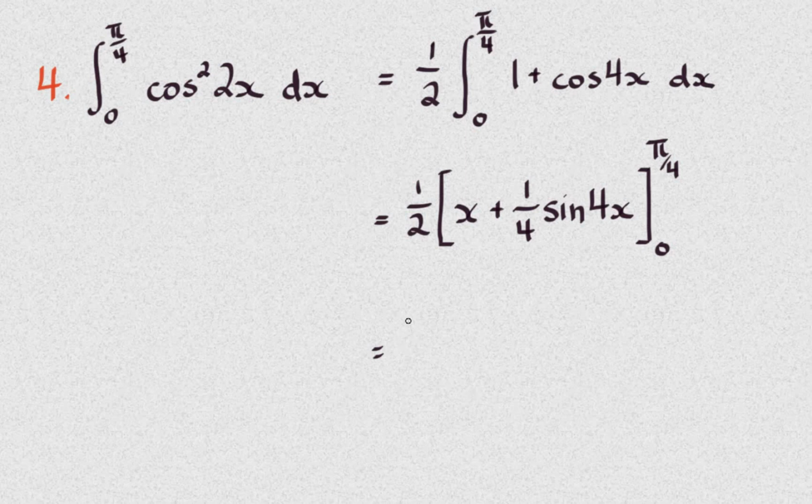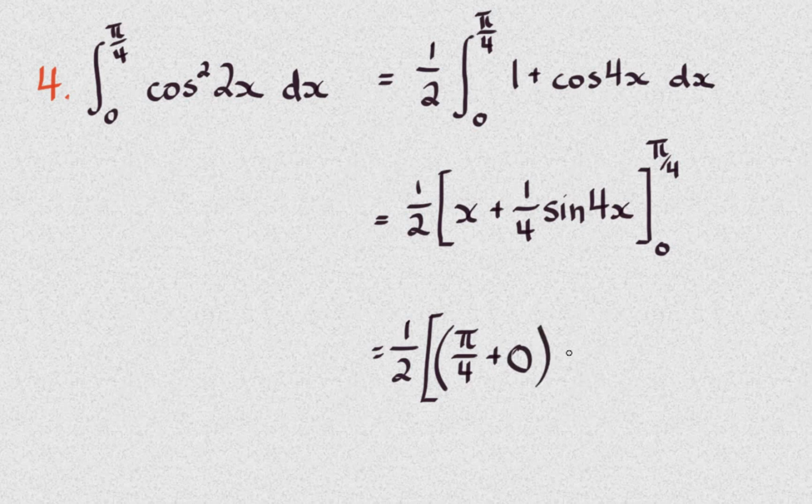So let's substitute in pi on 4 first. x becomes pi on 4 plus, now what's going to happen when we substitute in pi on 4 here? Well, 4 lots of pi on 4, that's just pi. And if we think about the sine graph, sine of pi is just 0.